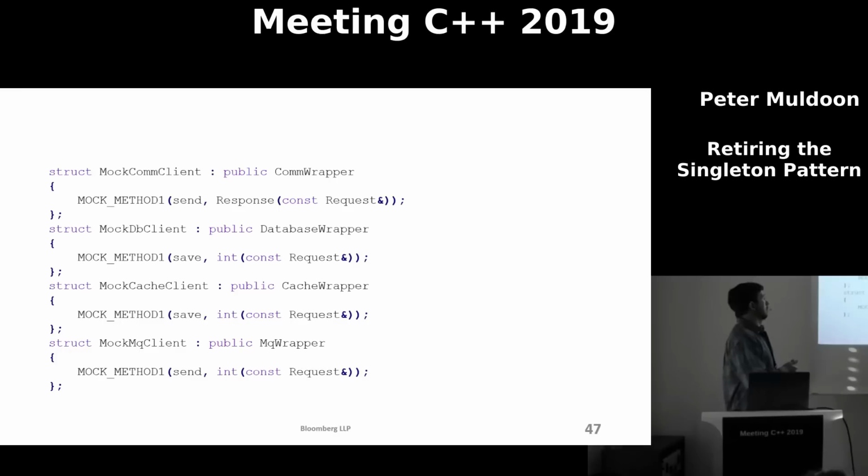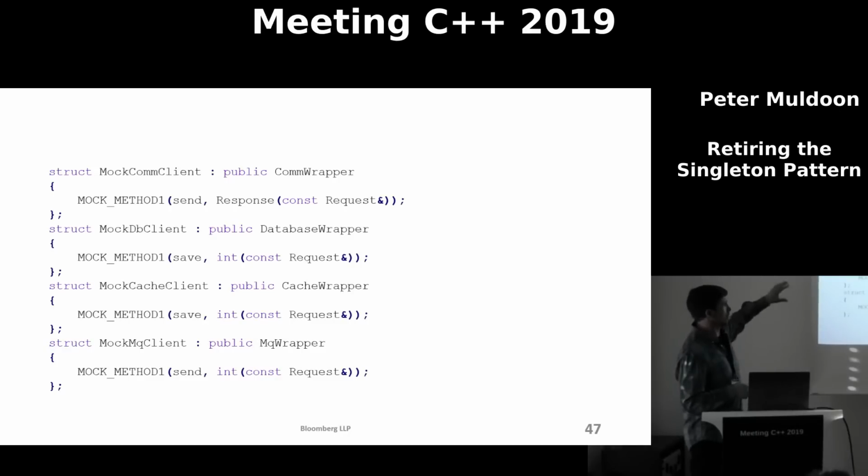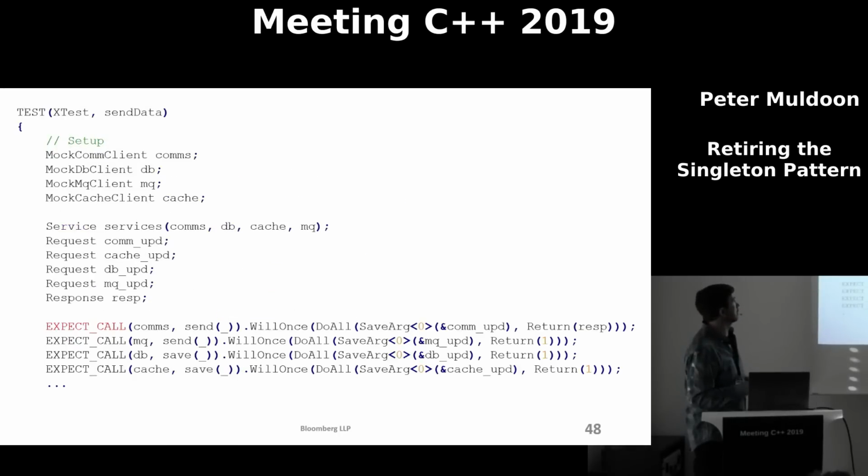All right, so how do I mock this stuff out? Again, what I'm going to do is take each of these things. They could have depth or have length, but I'm going to mock them out saying there's a send function that takes the particular signature. Just do it over and over again for all the singletons that are in there. And then I set it up to do it.